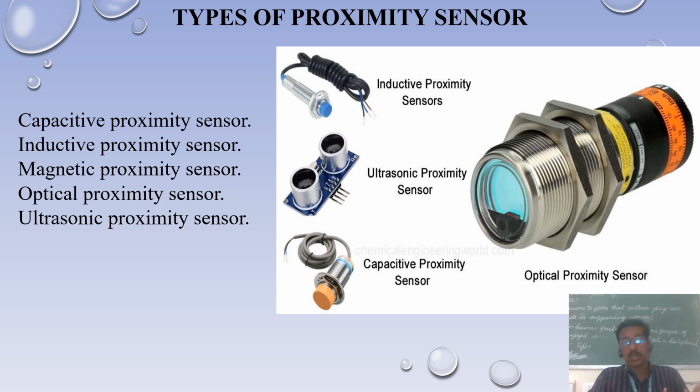By using ultrasonic rays we can fetch the data. Through capacitance, the power supply, we can fetch the data. Through optical proximity, through the power of a light source, we can fetch the data. And inductive, through the power. So these are the different types of proximity sensors that fetch the data without a connection with the particular object.